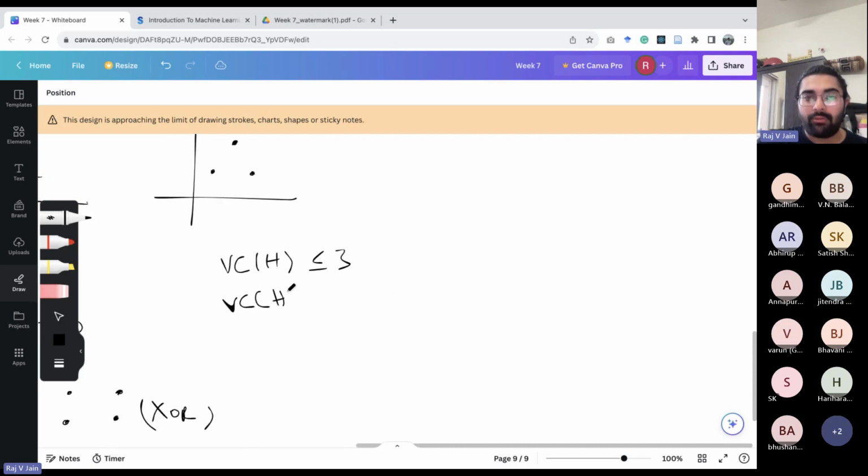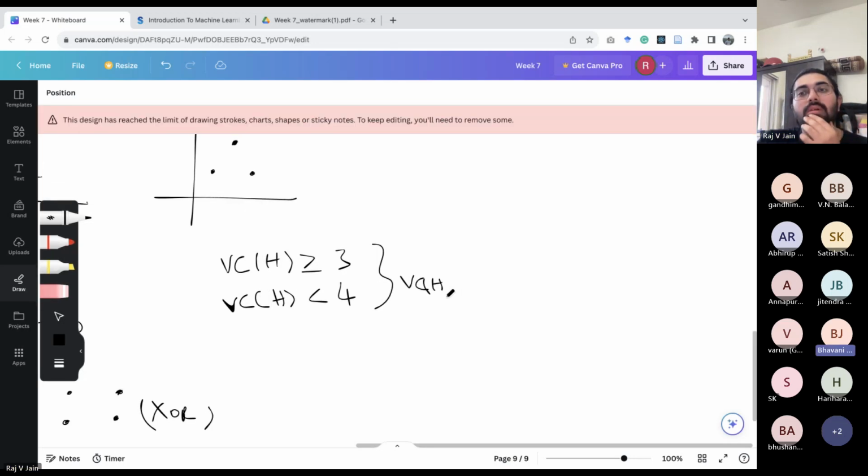And then when you try on 4, you will get VC of H less than 4. Now, the only value that satisfies these two conditions is VC of H equal to 3. Oh, okay. So it has both conditions, greater than or equal to 3 and lesser than 4.